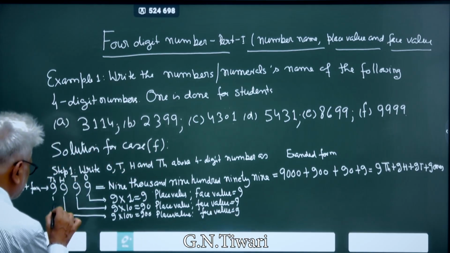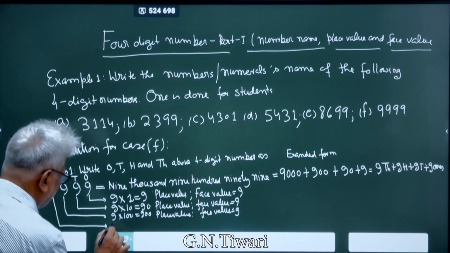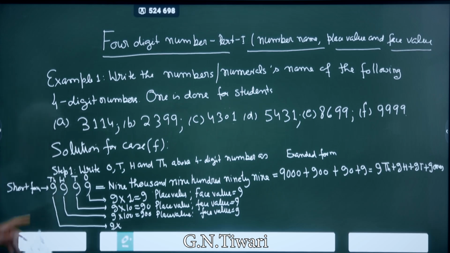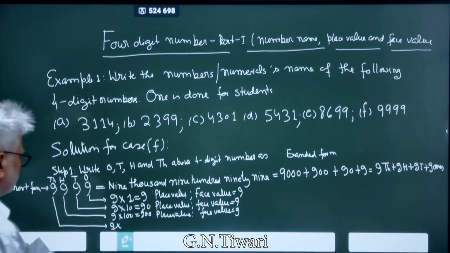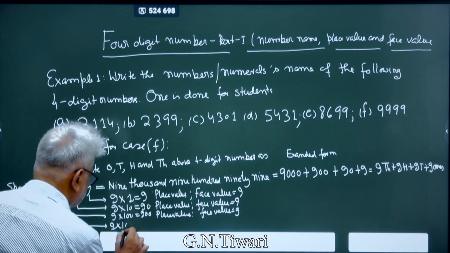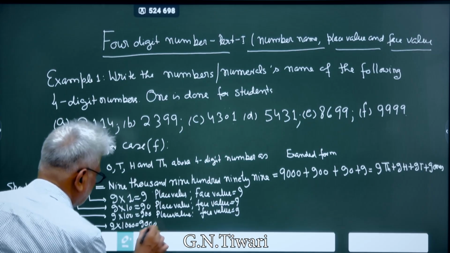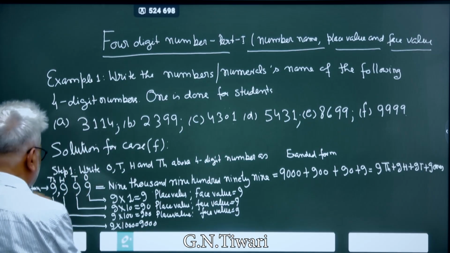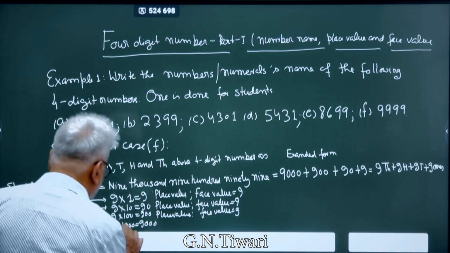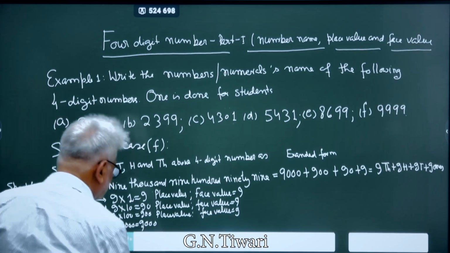Now this 9: 9 into 1000, where 1000 means thousand, 100 means hundred, 10 means ten, 1 means one. 1000 is equal to 9000, and don't forget to give the comma after 3 digits.